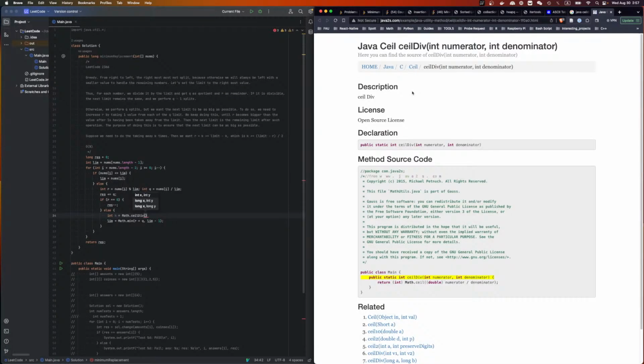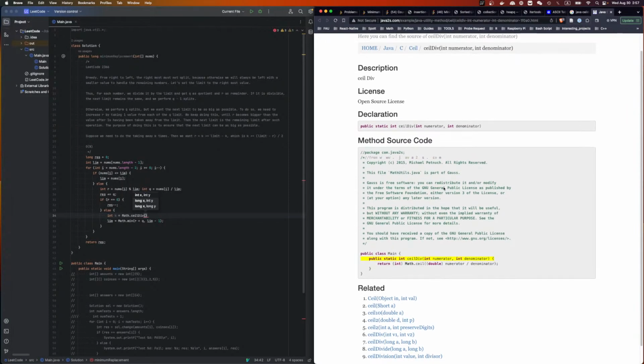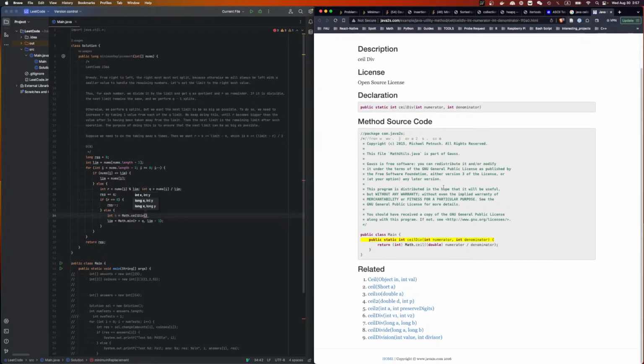I just want examples. So it's just a ceiling, double it, and it becomes an integer.